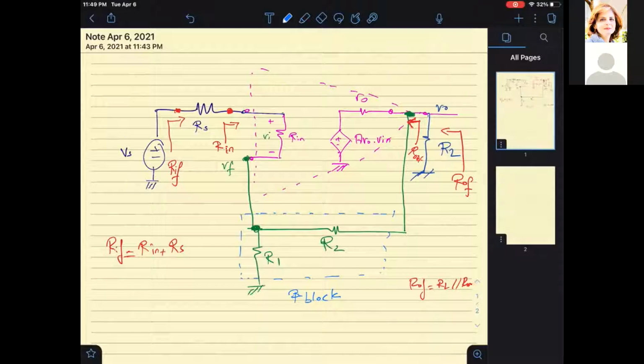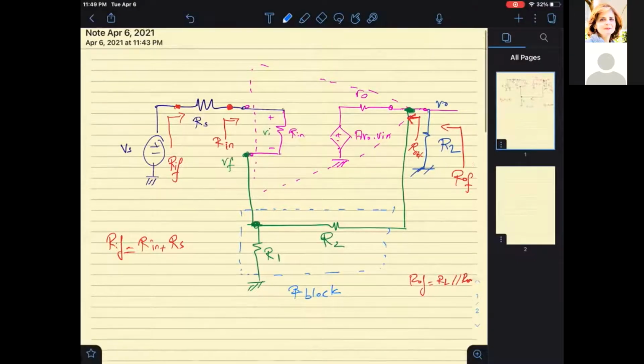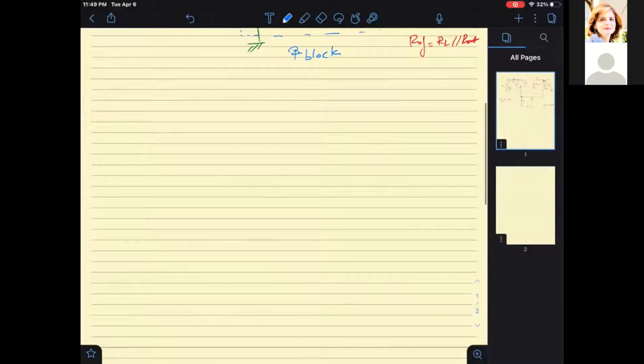So what we studied last time is as follows. Last time we said that the beta block consists of R2 and R1. Okay, this is port 2, this is port 1.